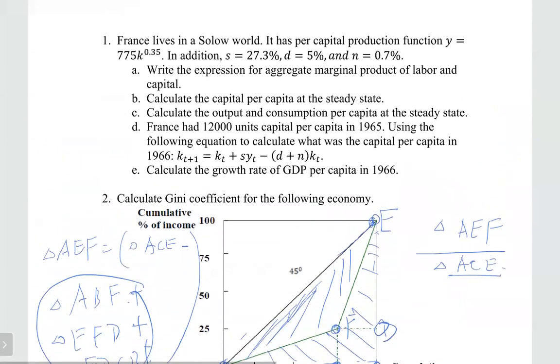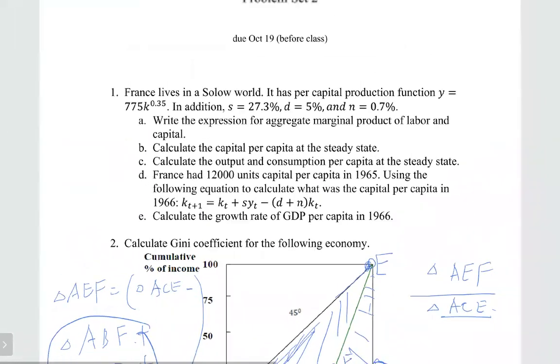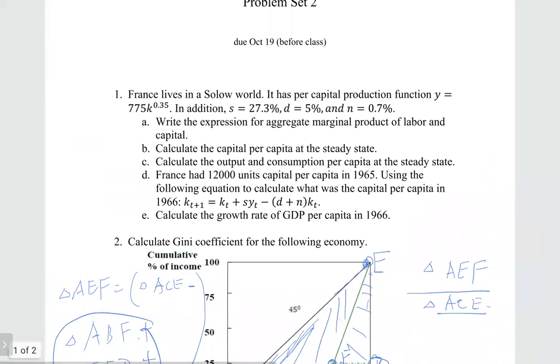Now, if we go to these questions, I believe we already explained that last time, no? So let's just quickly go through. The first one, the expression for aggregate marginal product of labor.